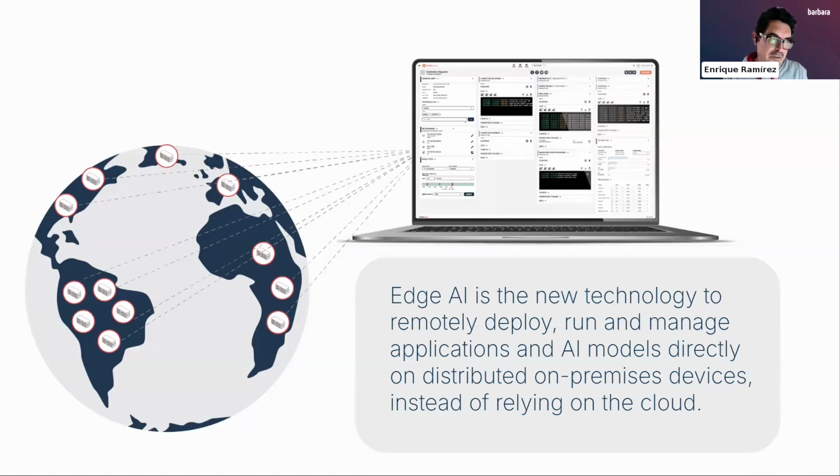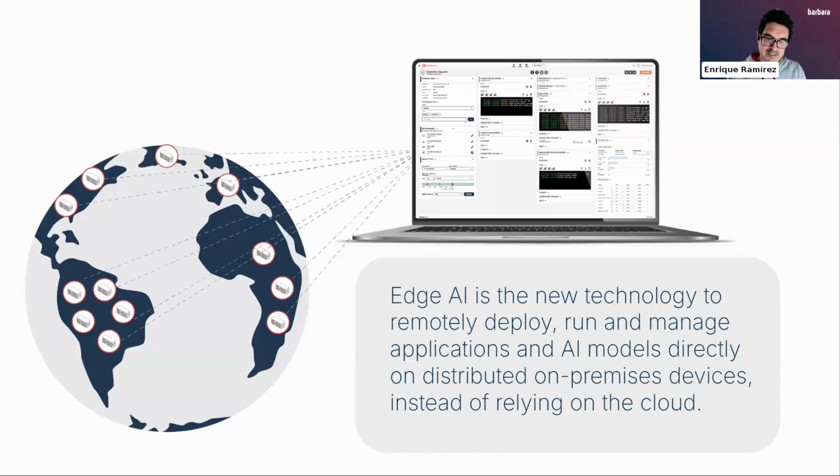And when we speak about the edge, we are referring to this area near where the data is being generated. Normally we have some devices that can be physical devices but also can be virtual machines deployed on these customer facilities near where the data is being generated. So we can deploy applications on those devices to run the workloads there instead of running on the cloud. So that is the Edge AI.